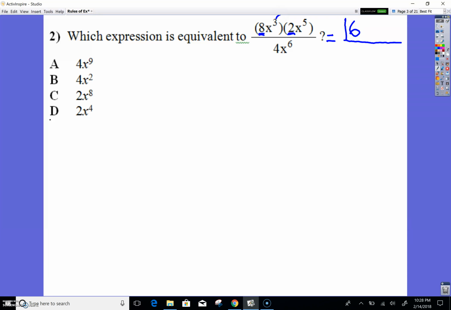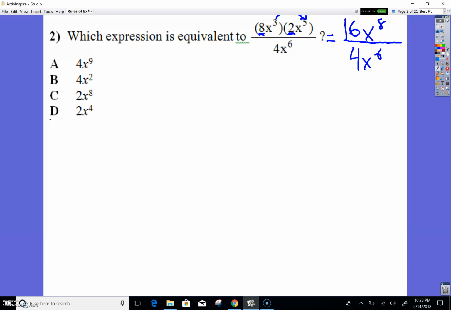Then I do the x. 3 plus 5 is 8. So at first we do the product rule. I like to do the product rule first. It just makes things a lot easier later on.